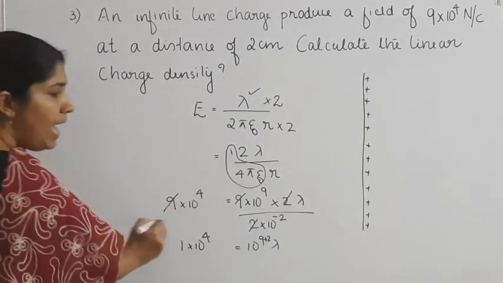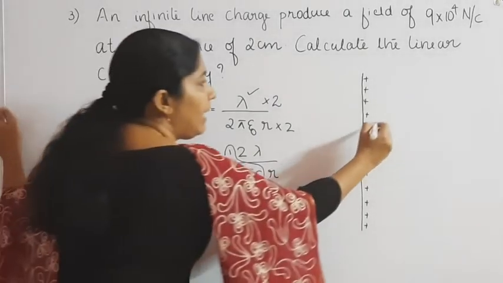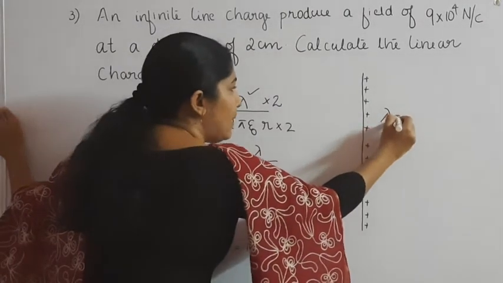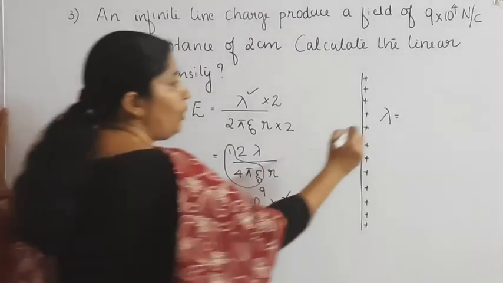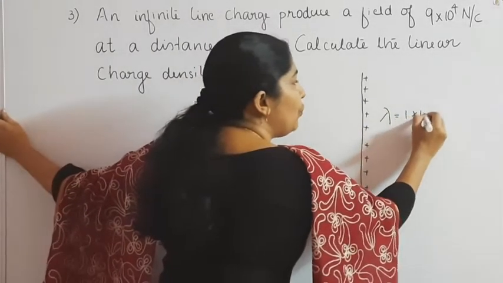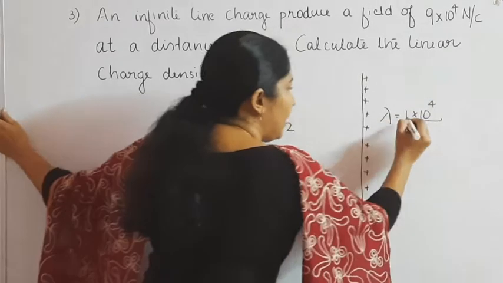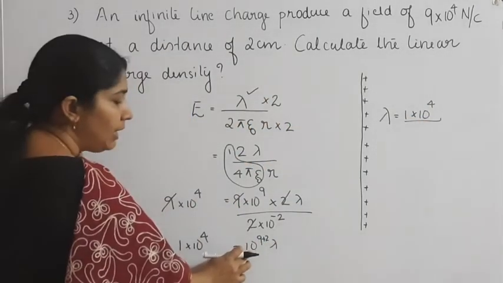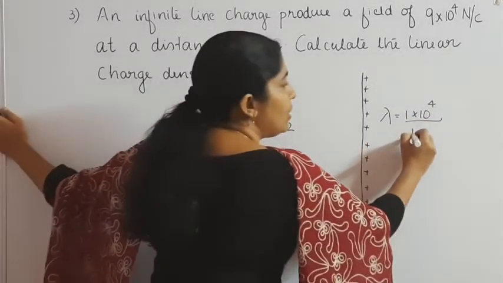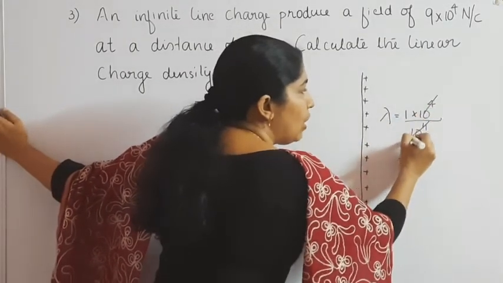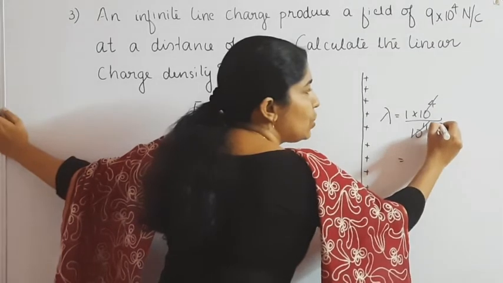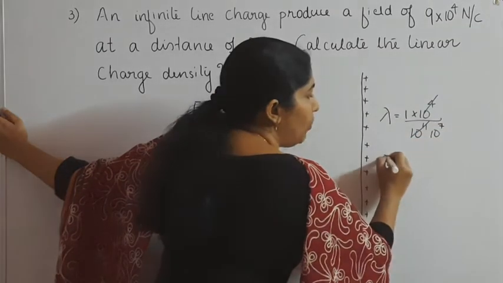Okay. From here, we can write lambda is equal to 1 into 10 raised to 4 divided by, what about here? 10 raised to 11. On solving this, we get it as 10 raised to 7. Then what about lambda?